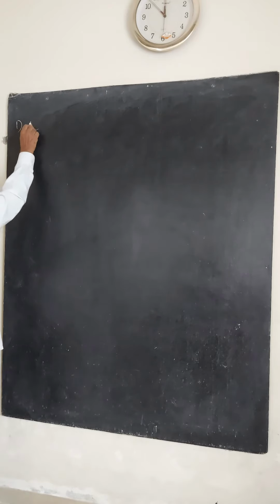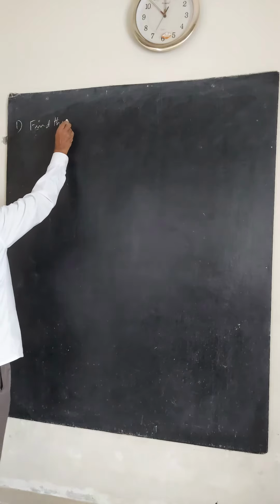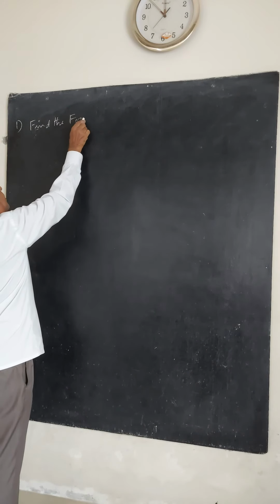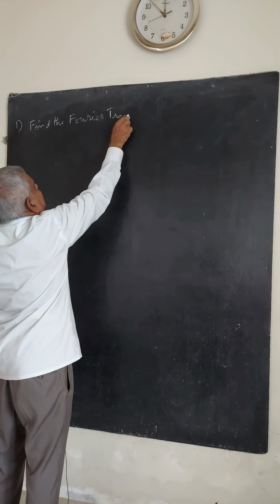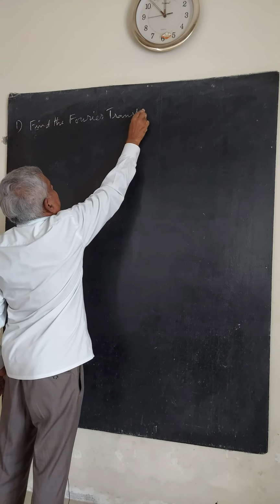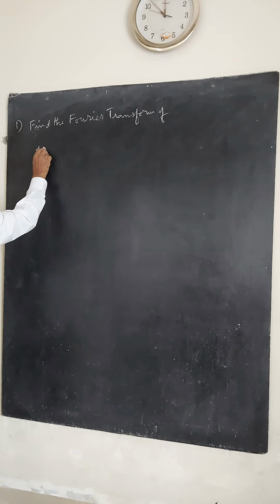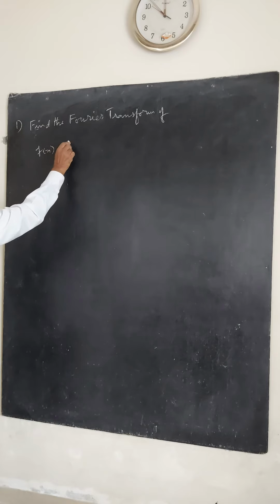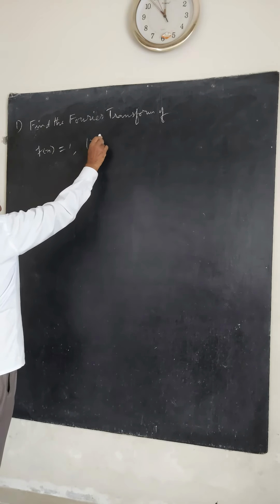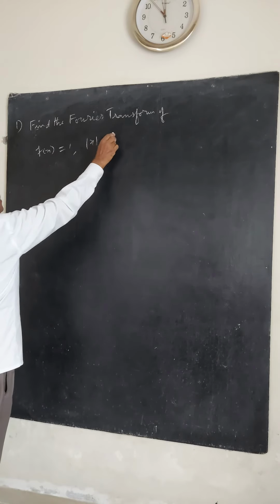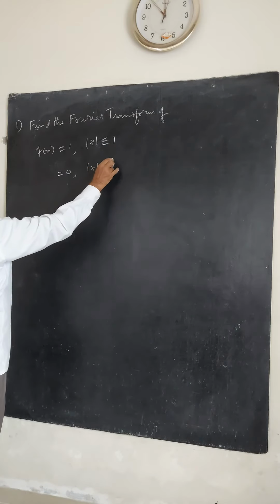Sum number 1. Find the Fourier transform of f of x equal to 1 when modulus of x is less than or equal to 1, equal to 0 when modulus of x is greater than 1.